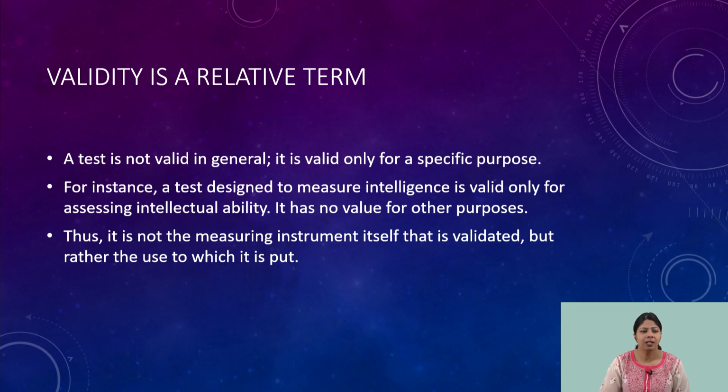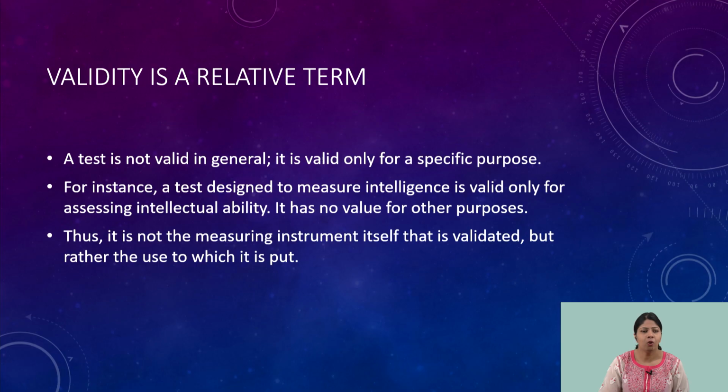So, if it is an intelligence test, it is only valid for measuring intelligence. If the test user uses that test to measure, let's say, achievement or depression level, of course, it is not going to be valid. So, the test is only valid for the purpose that it has been validated for. And this is very important to understand, because one needs to understand the context in which the test has been validated.